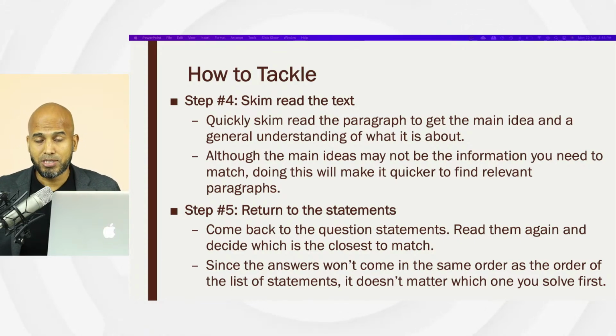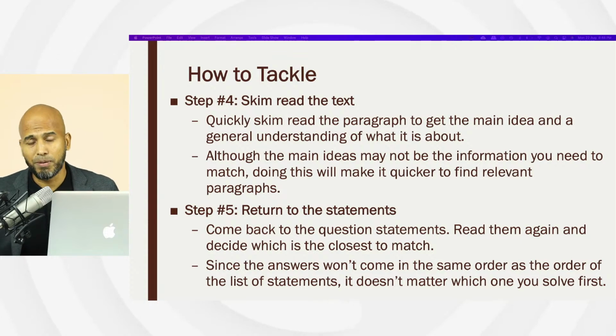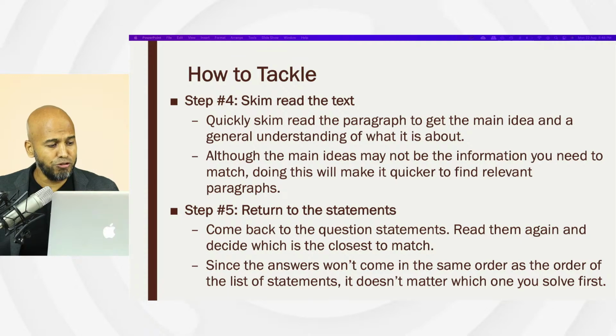For example, in the Valentine's Day text, you had a prior idea that it might be about Valentine's Day, but you saw that it is about the gift. Although the main ideas may not be the information you need to match, doing this will make it quicker to find a relevant paragraph.